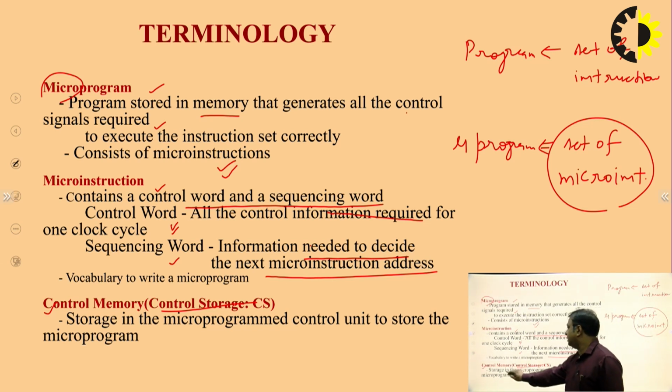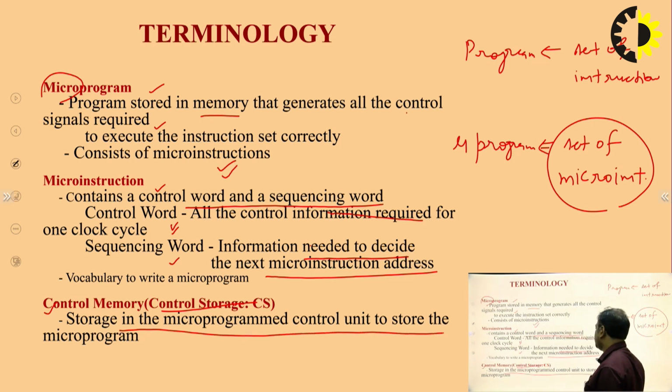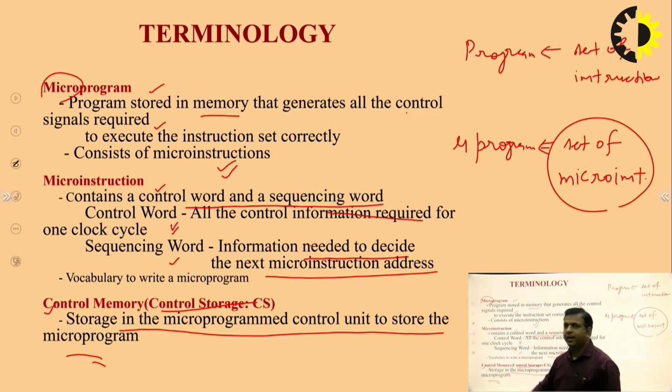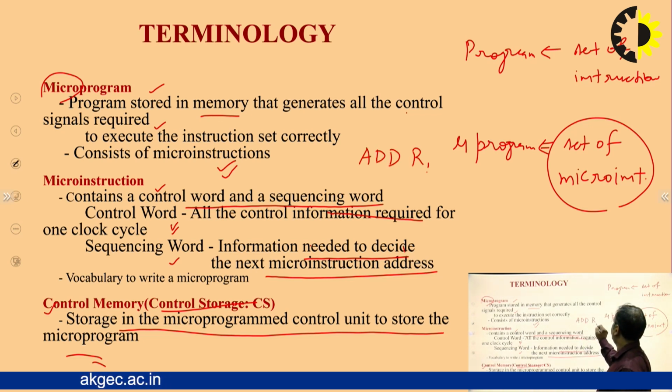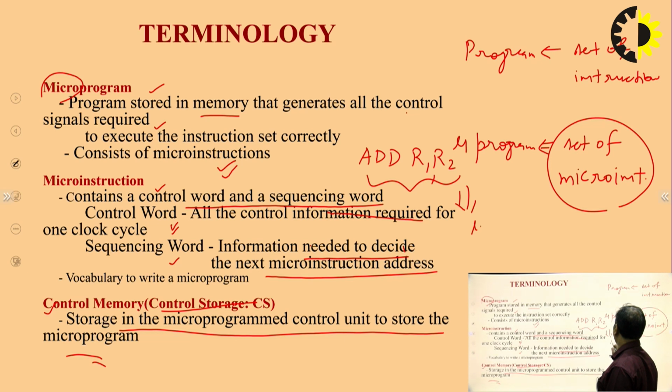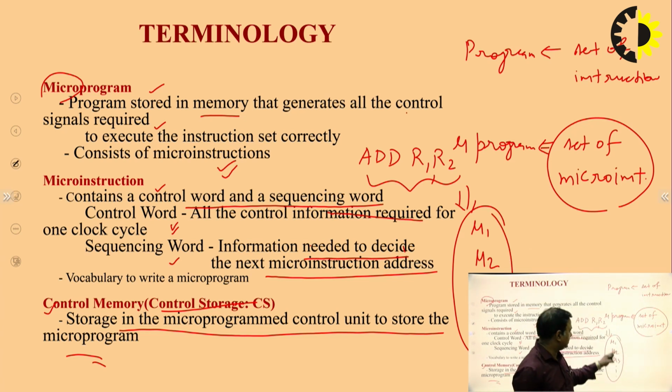This is the storage in the micro program control unit used to store the micro program. Whatever micro program we have for an instruction will be stored in the control memory. For example, say the instruction ADD R1, R2 has a number of micro instructions, and this set of micro instructions is known as the micro program, which is stored in the control storage or control memory.